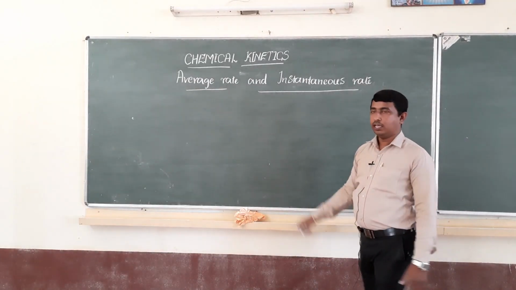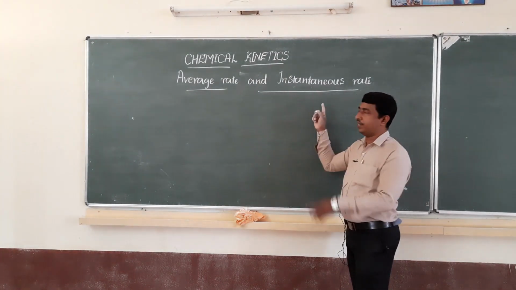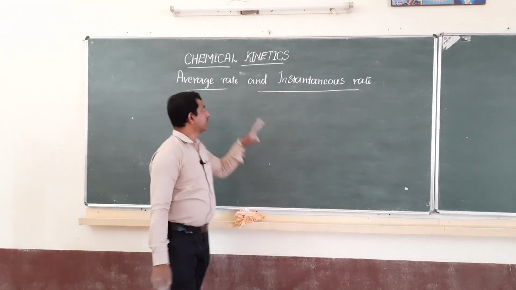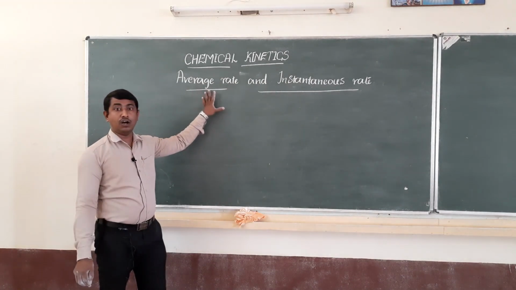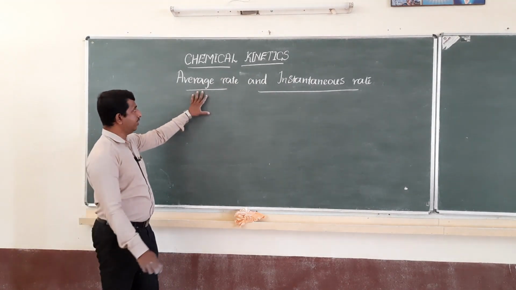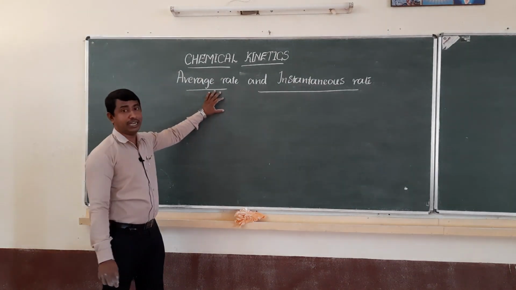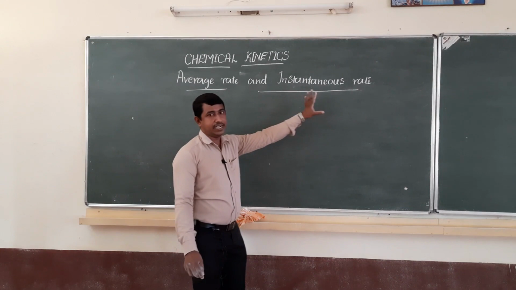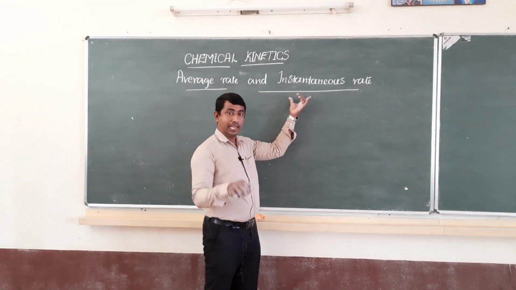Okay, next topic, average rate and instantaneous rate. Now what is average rate and what is instantaneous rate? See, average rate means the rate of the reaction measured for a longer time interval. Whereas instantaneous rate, the word itself tells, instant means at an instant.